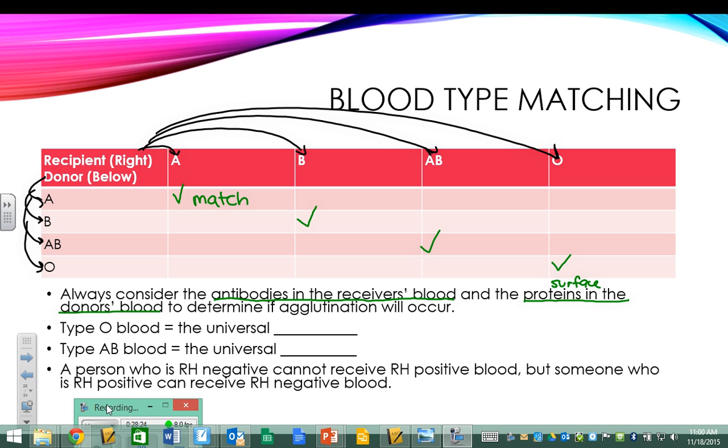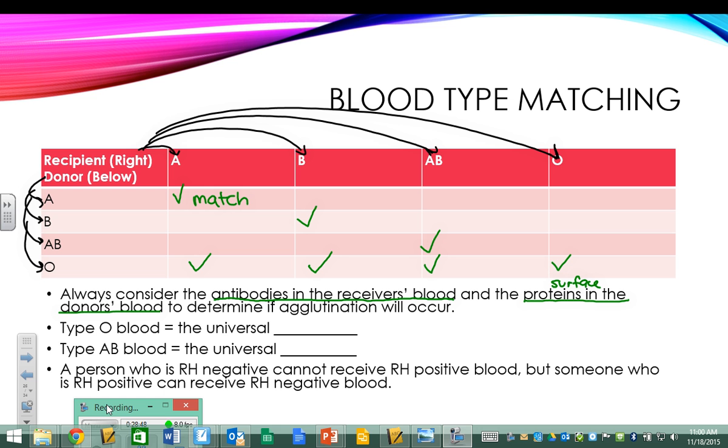Now there are some other people who can give blood. Like I said previously, type O can realistically be given to anybody. So type O can donate to A. Type O can donate to B. Type O can donate to AB.